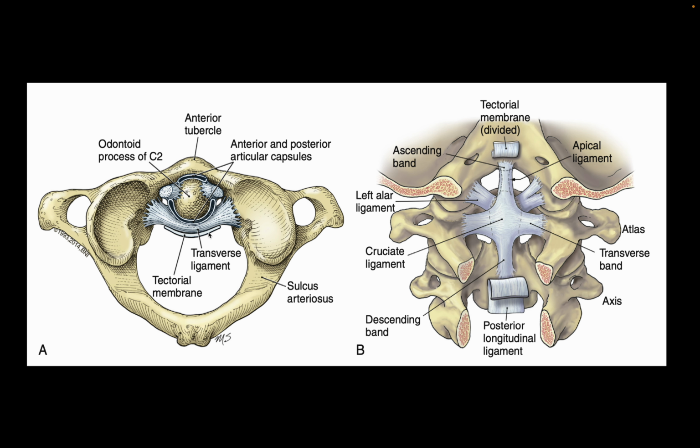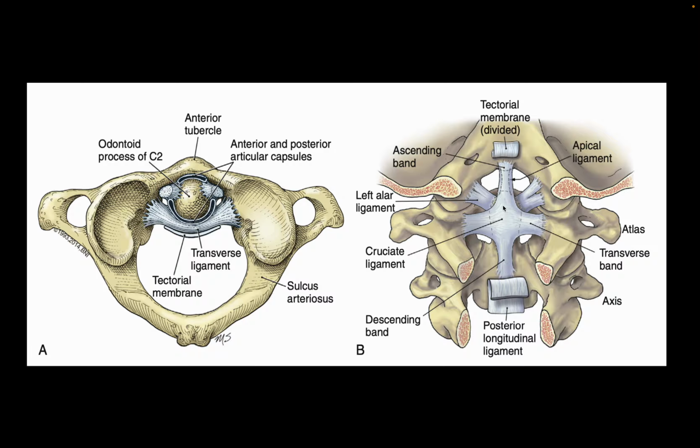The tectorial membrane, sitting posteriorly to that transverse ligament, is better shown in panel B here, where we can see it divided up as it comes up alongside the foramen magnum anteriorly. If we move down inferiorly, we see the ascending band and the descending band of that cross-like cruciate ligament. Here are the transverse bands as they attach laterally over here to the C1 lateral masses.